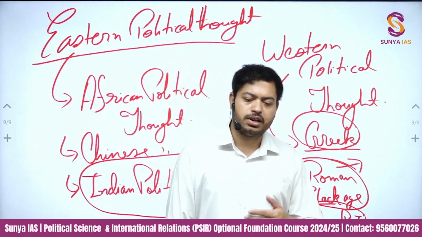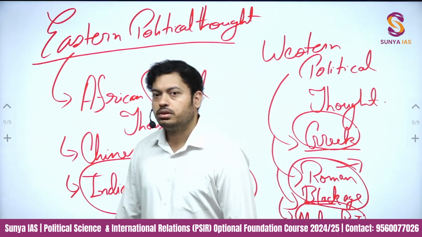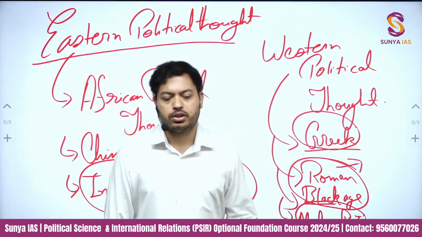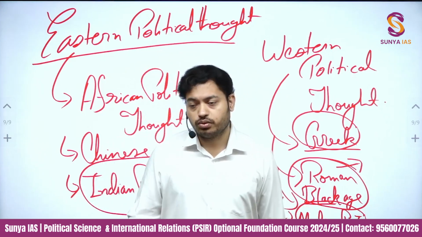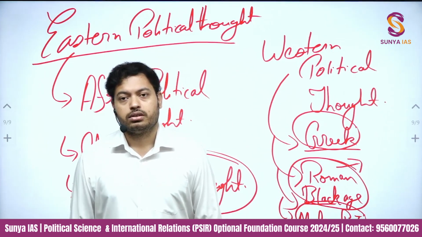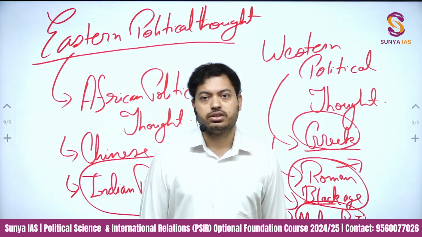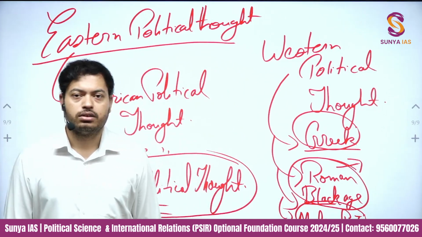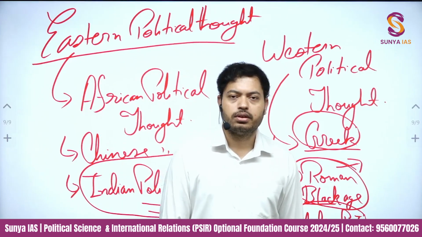In Indian political thought, similarly, we have to focus right from the period of Buddhist literature. Prior to Buddhism, there were the ideas of Dharma Shastra, so we'll look into it. The ideas propounded in Dharma Shastra, then Arthashastra, then the Buddhist tradition, then the ideas propounded by Sir Syed Ahmad Khan, Aurobindo Ghosh, his idea of Swaraj we'll be talking about.